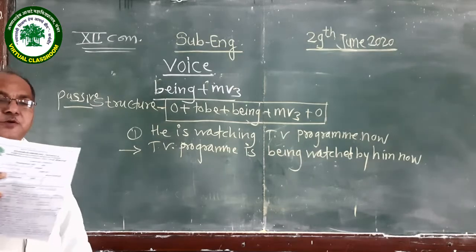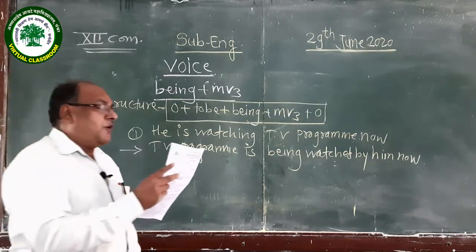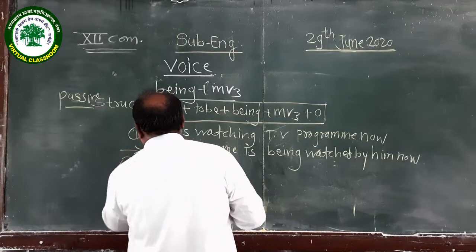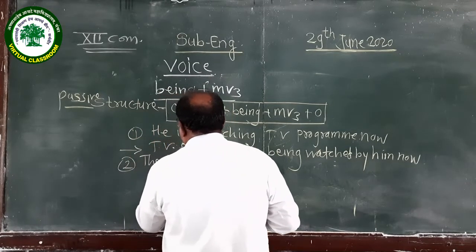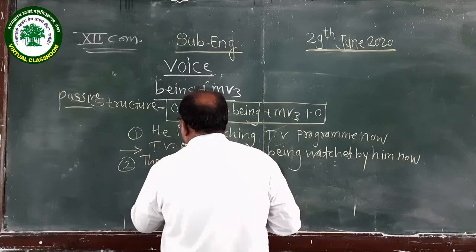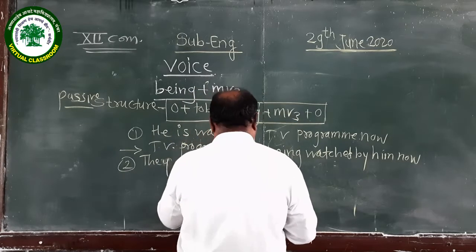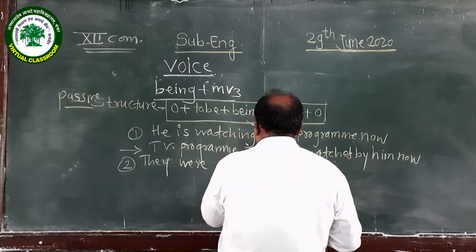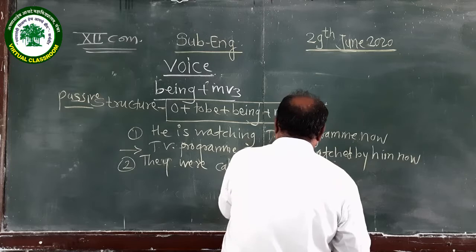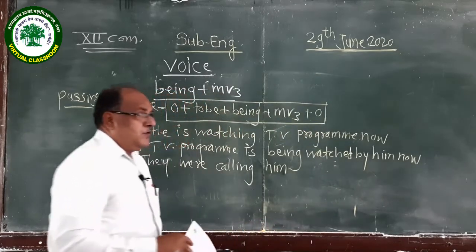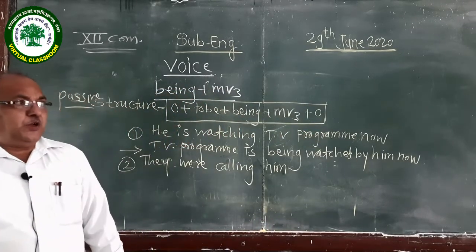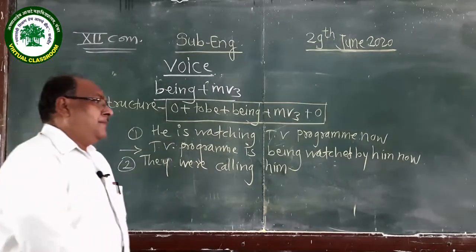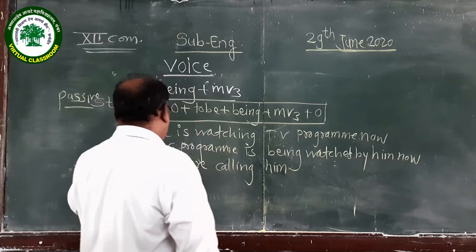Then one more example we also take for practice, that is the second example. They were calling him. This is also a continuous past tense sentence. We also alter this continuous past tense sentence into the passive form. Now look here.